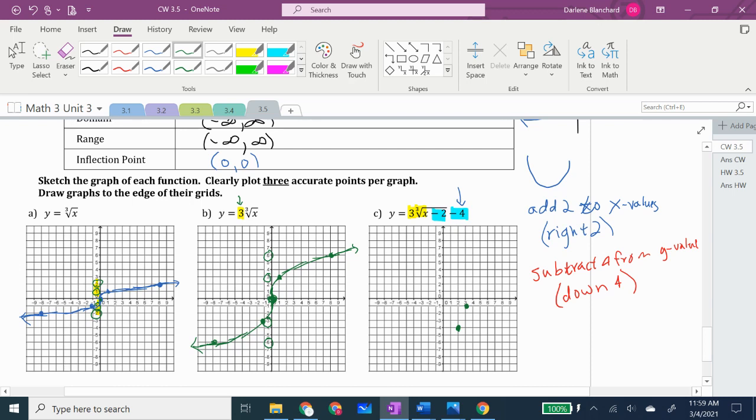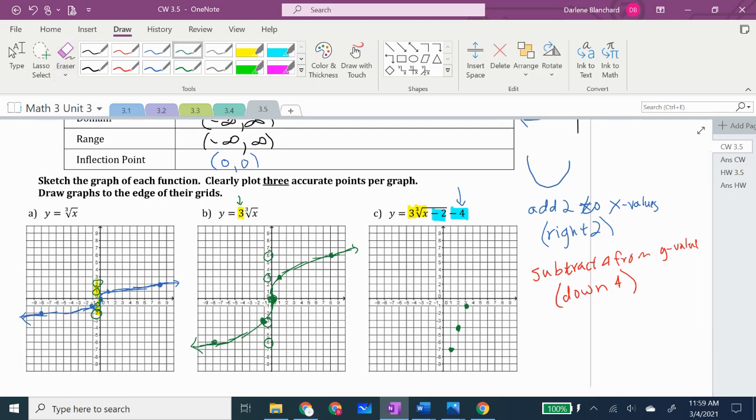I also have the point that was (-1, -3), starting there, and I am moving it again, right 2, down 4. There we go. And I'm going to erase the point that I moved.